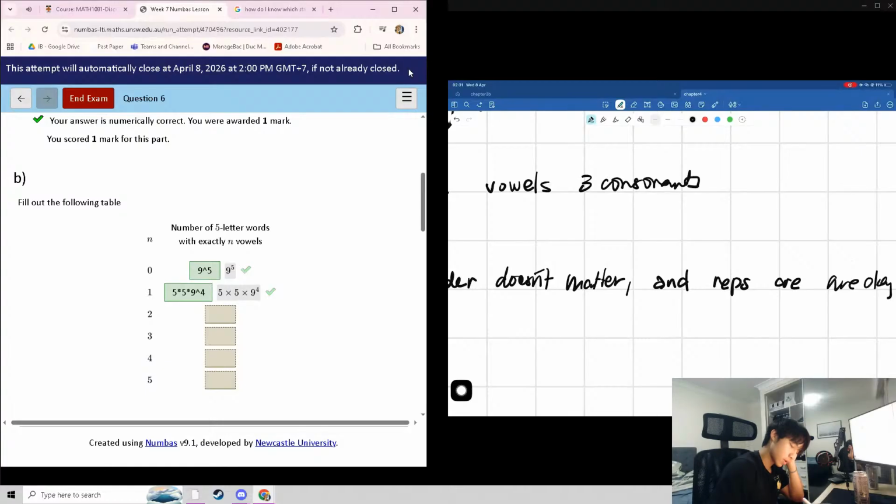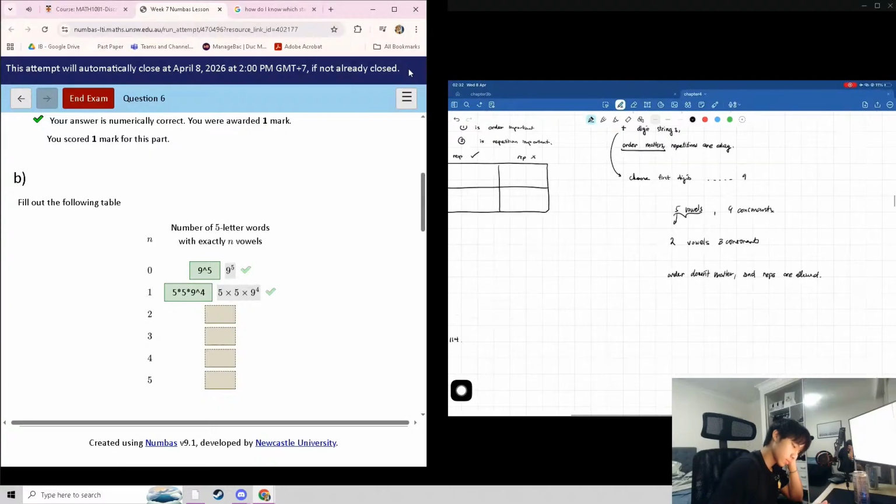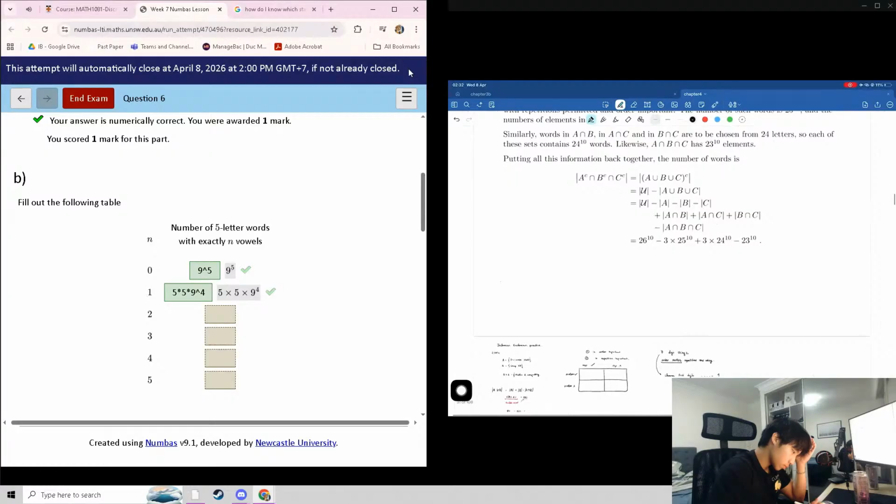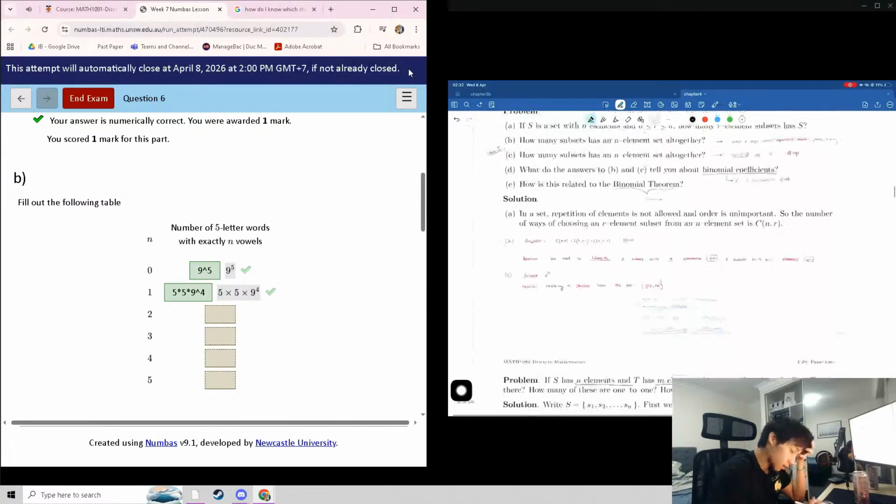Okay. Two vowels, 3 consonants. Order doesn't matter. Reps are allowed.